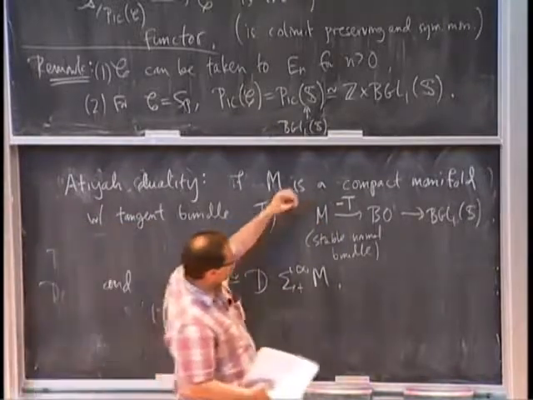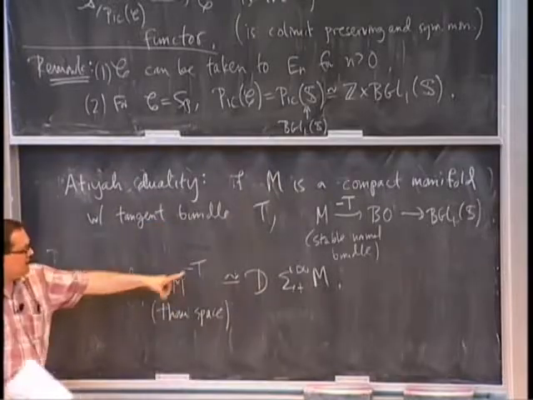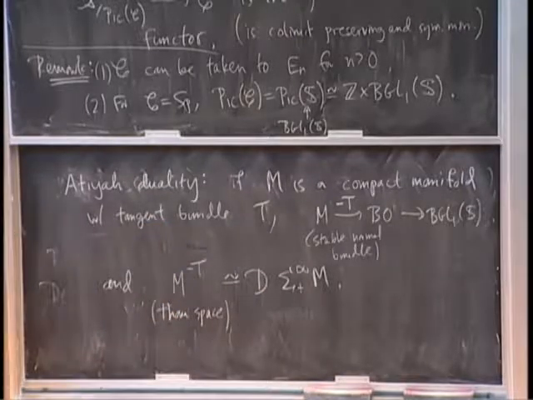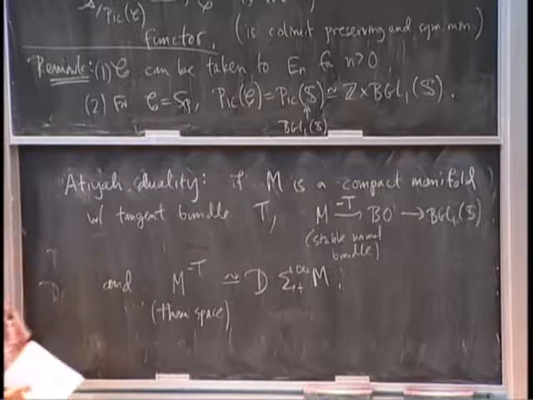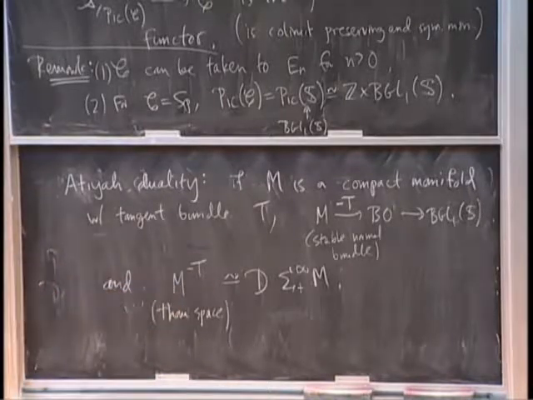And you can calculate it to be basically, well, not quite this, but as a sphere over M, the tangent representation sphere. And I'll stop there.